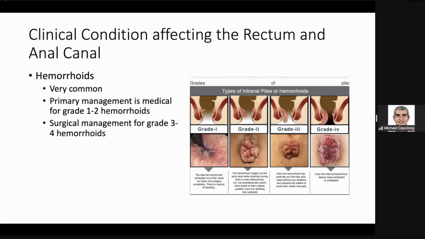Primary management is medical for grade 1 to 2 hemorrhoids, meaning no surgery required. However, if it goes to grade 3 to 4 hemorrhoids, then surgical intervention is now needed to correct this problem.